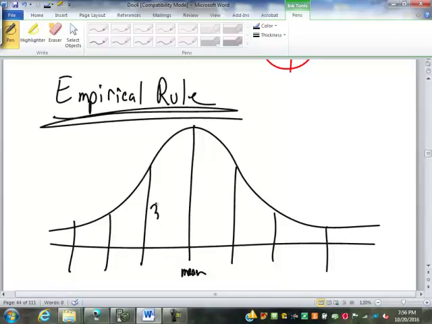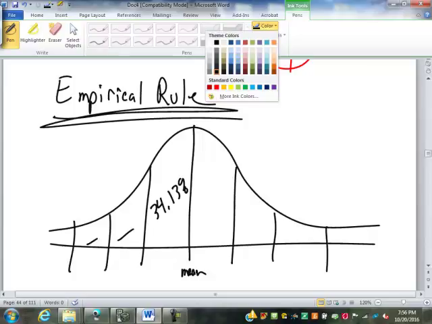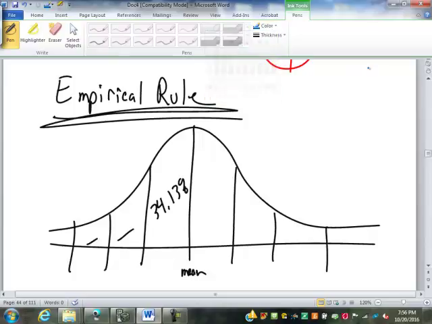What is it? 34.13% here. Yeah, I'll make you guys look them up. Percents, of course, are standard. You fill in the mean and the standard deviations. That's what you're going to be expected to know for statistics.